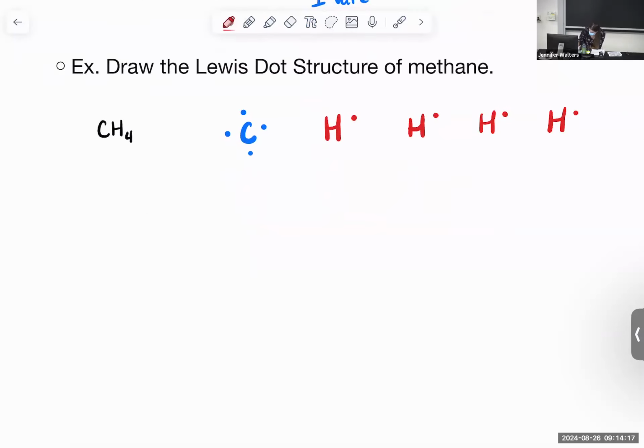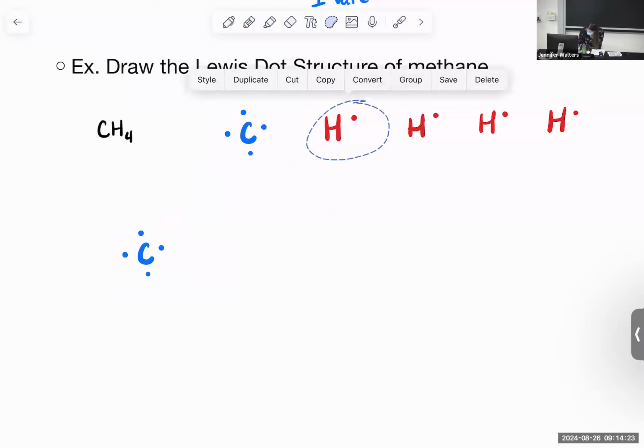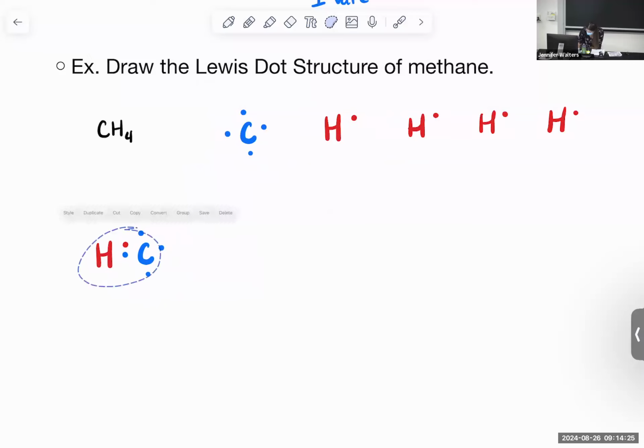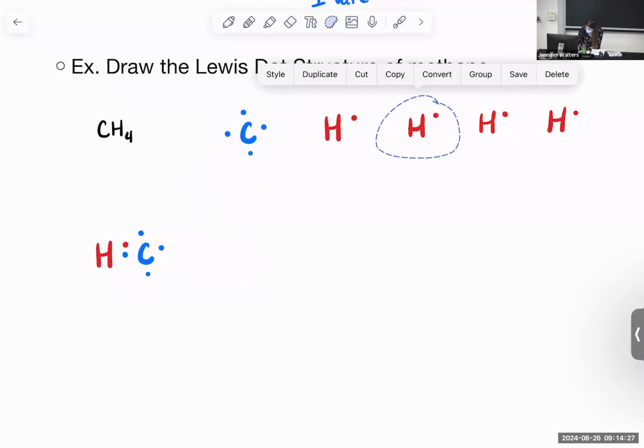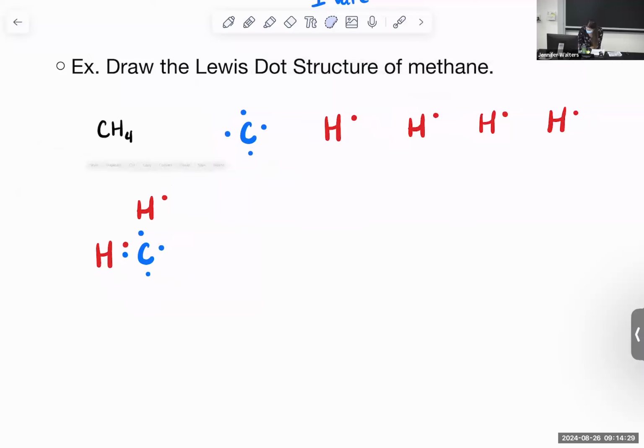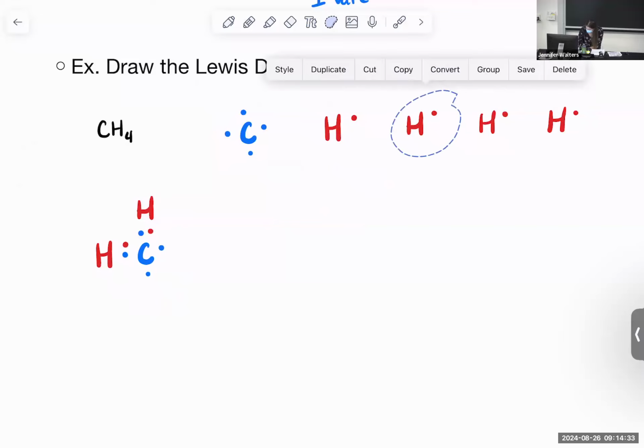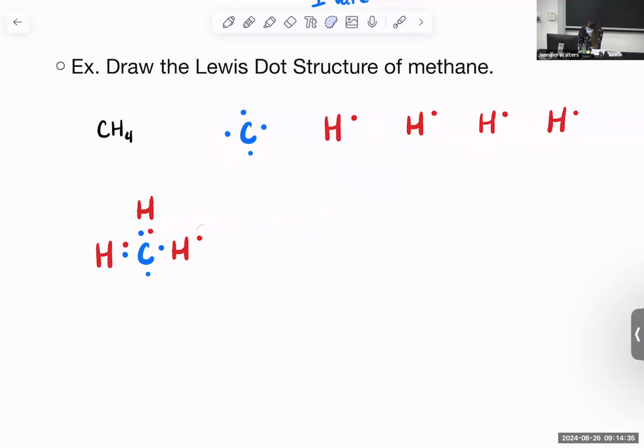For that carbon, we bring that down, and we're just going to click those hydrogens around into each of those little quadrants so that we pair up those electrons.